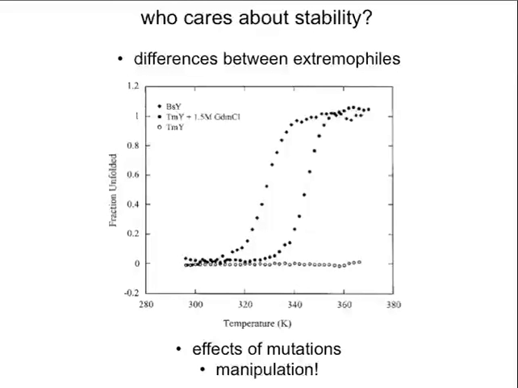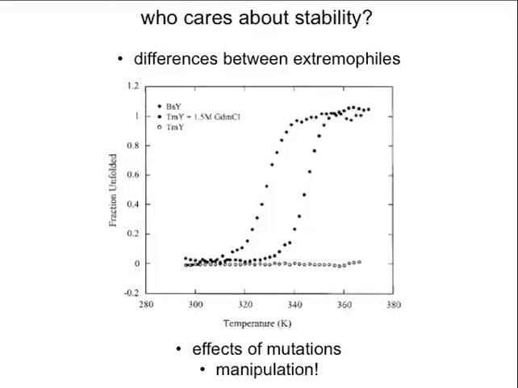Let's say Thermatoga maritima is a microorganism that exists at extreme temperatures, right, at the thermal vents in the bottom of the ocean, versus E. coli or Bacillus. Those are more mesophilic. I guess Bacillus could be considered a quasi or partially thermophilic organism, and TM, Thermatoga maritima, a hyperthermophile. So what's the basis of the differences between those organisms?